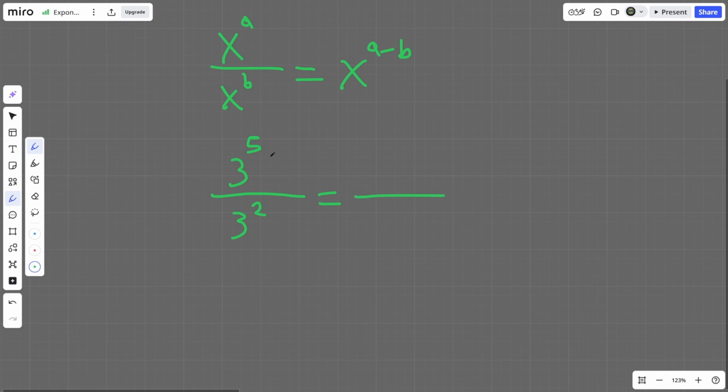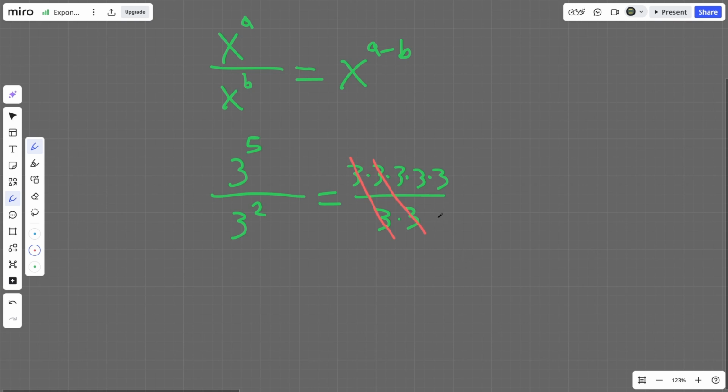So, by the rule of breaking things up, 3 to the power of 5 is 1, 2, 3, 4, 5, 5 3's. 3 to the power of 2, 3 times 3. As for what happens here, division is great, especially when it's only over multiplication on both sides, because things can cancel out in the top and the bottom. 3 over 3 is just 1. Another 3 over 3 is just 1.